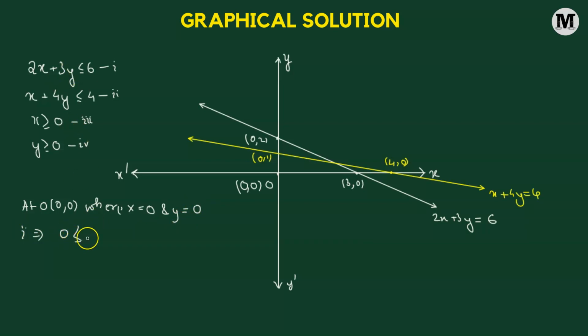So here we are getting the inequality 0 less than equals to 6. Is this a true statement? Yes, definitely that's a true statement, because 0 is less than 6, and this tells us that the region which contains the origin O is going to be a solution of the inequality 2x plus 3y less than equals to 6.